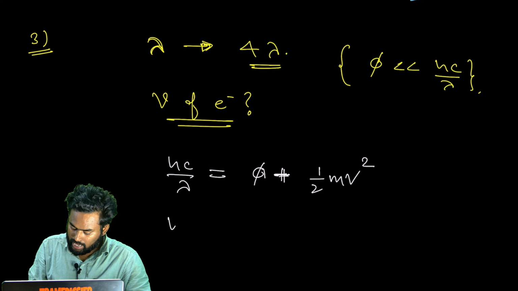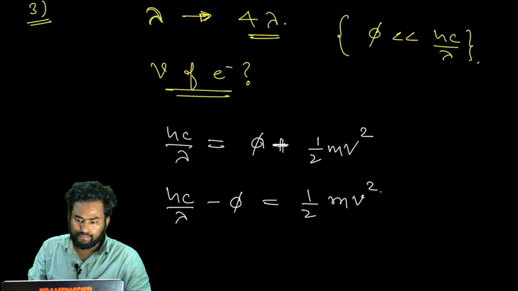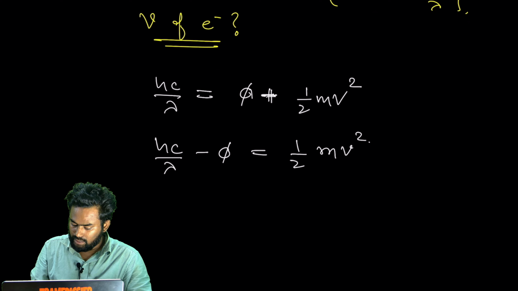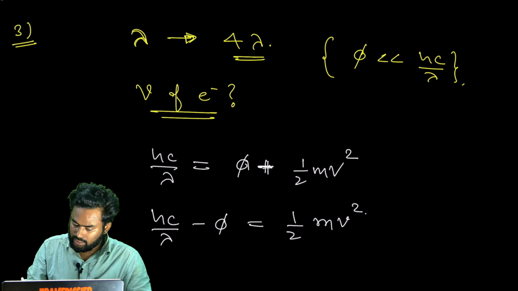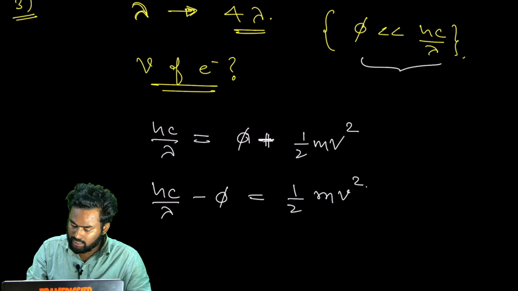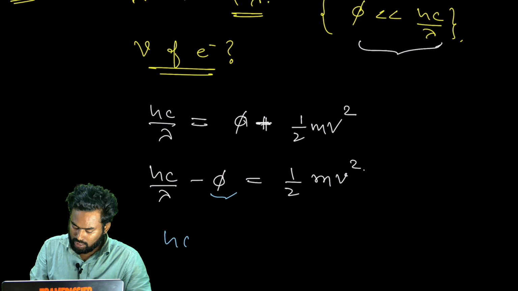So we'll say that hc by lambda minus phi equals half m v square. But here one condition is given, that phi is very small as compared to hc by lambda, so while subtracting, phi can be neglected. So hc by lambda equals half m v square.